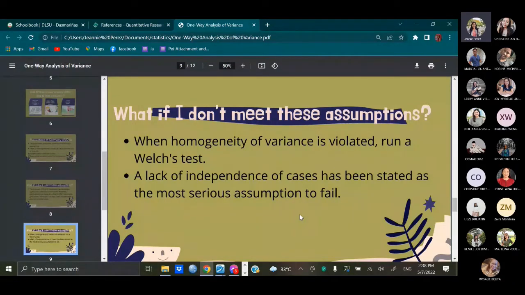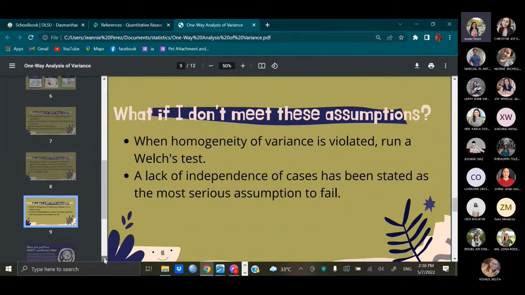A lack of independence of cases has been stated as the most serious assumption to fail. Kasi nasa researcher na, it's not on the scores, on the data itself, but on the researcher. The researcher should have initially made sure that the observations were independent.